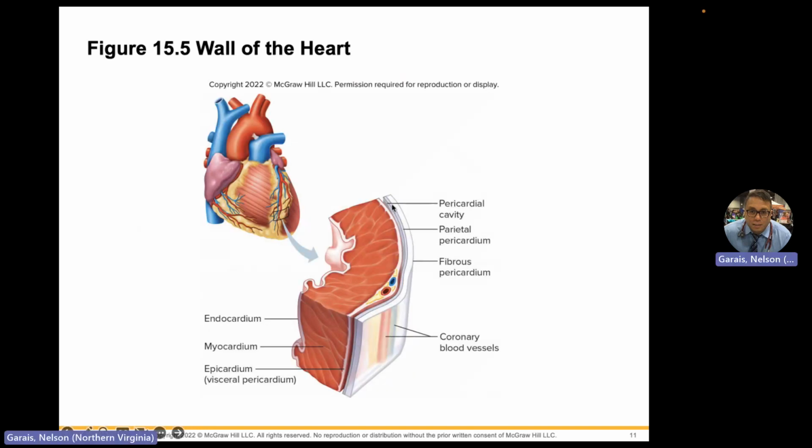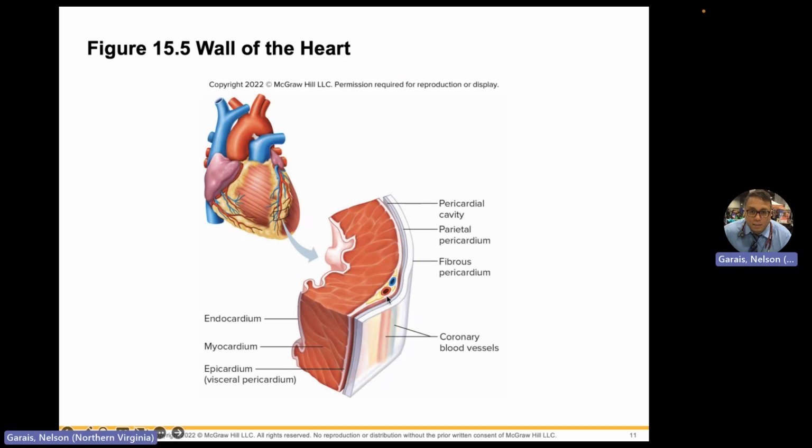Here are the layers. Of course, you have your tough fibrous, and then your parietal, and then your visceral epicardium, which is continuous. I failed to mention that in the official lecture. The visceral pericardium and the epicardium are considered the same thing.